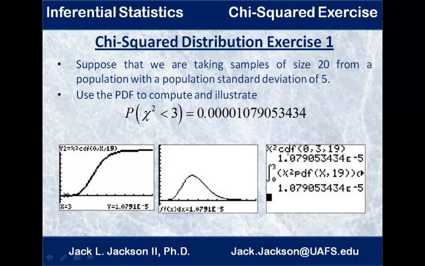Just do a chi-square CDF, go from 0 to 3 with 19 degrees of freedom, hit enter, and there's your probability. You don't have to go through the graph of anything to do that. But you can illustrate that areas are probabilities under the PDF, or they are y values on the CDF, specifically cumulative probabilities.